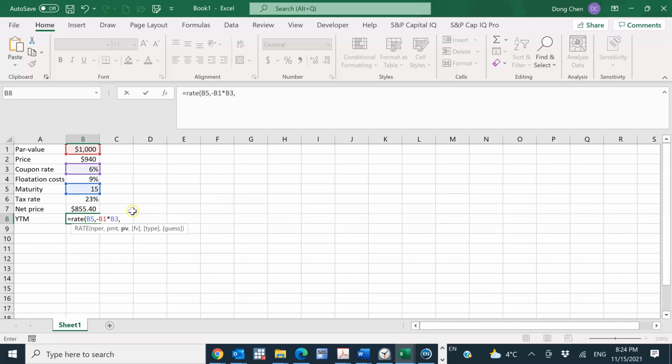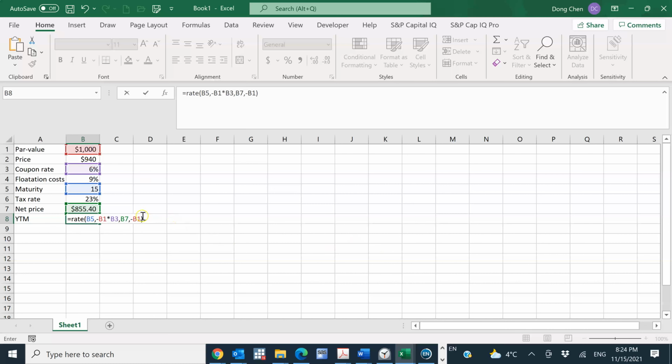And PV, as we said, is the net price. This is how much the firm gets by selling the bond on the market after paying the flotation costs. And since I choose to make the payment negative, the future value also needs to be negative. The future value is the par value.